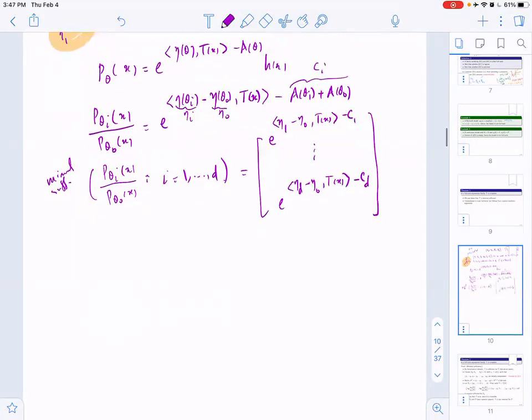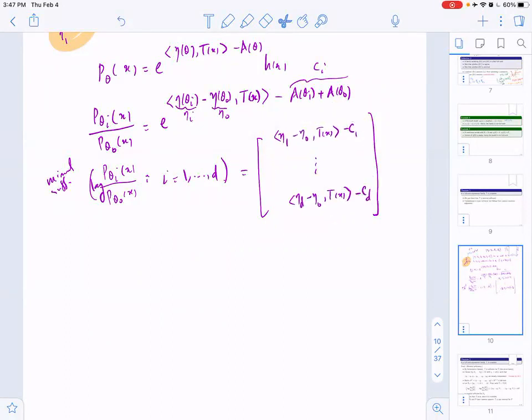I can write it like that, and I can further take the log. Let's take the log. This is also going to be minimal sufficient because the log is one-to-one. So this is minimal sufficient.